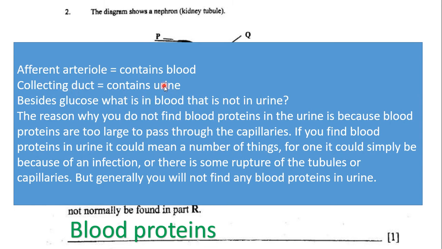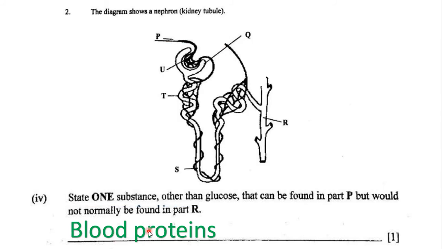So what they're basically asking us indirectly is what is in the blood that is not in urine besides glucose? And the answer is blood proteins.